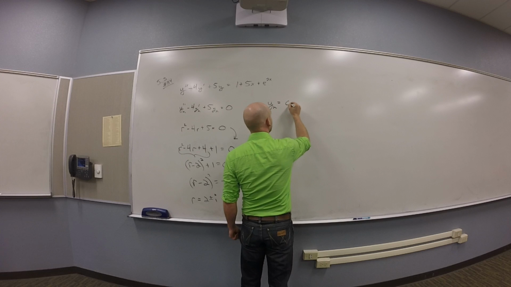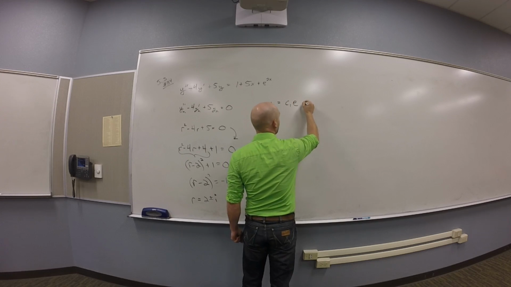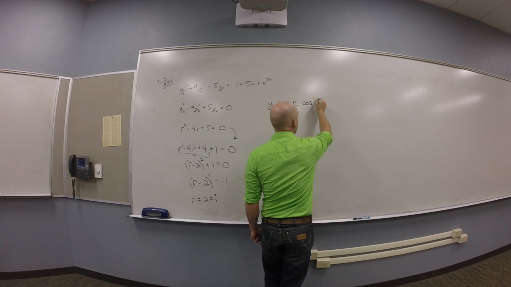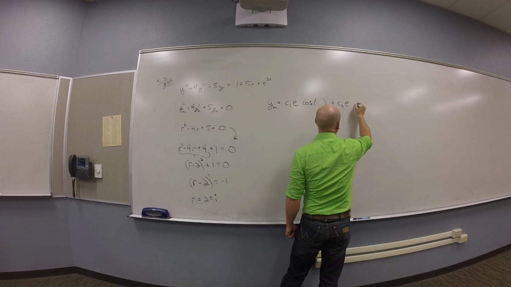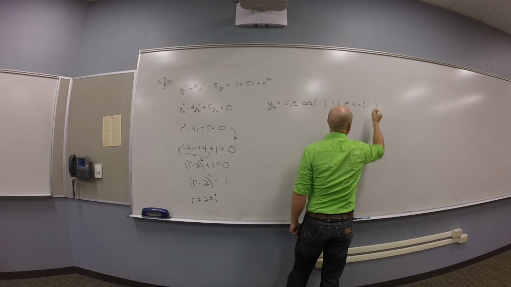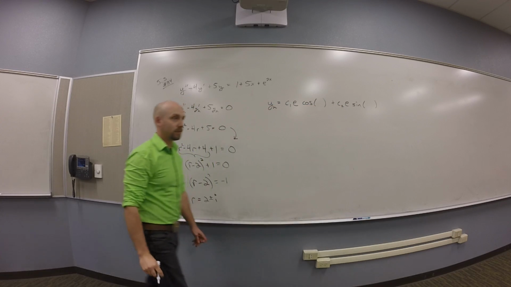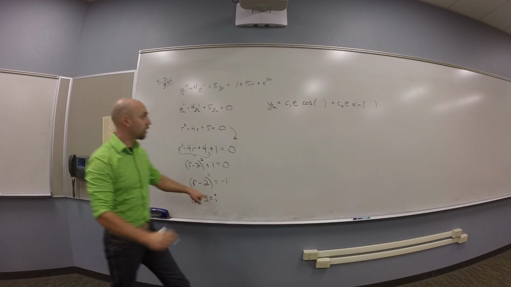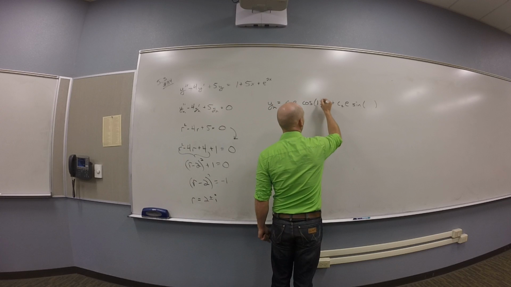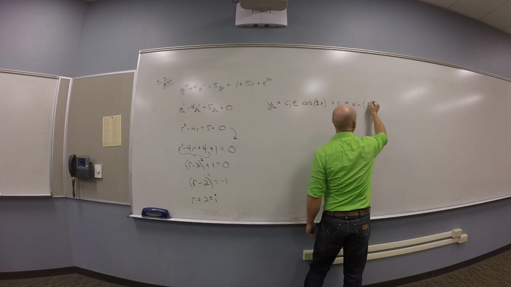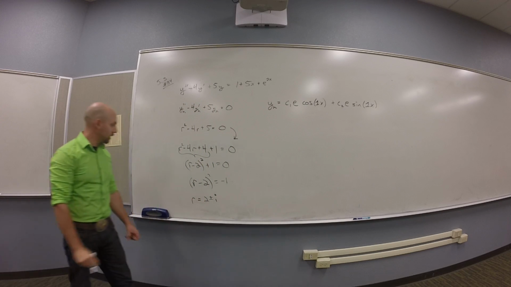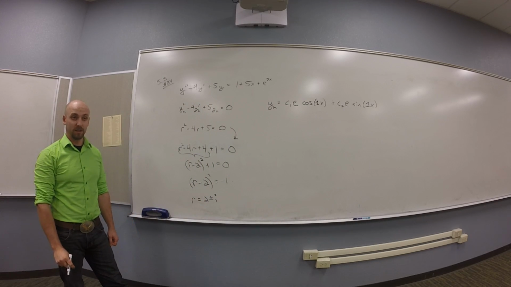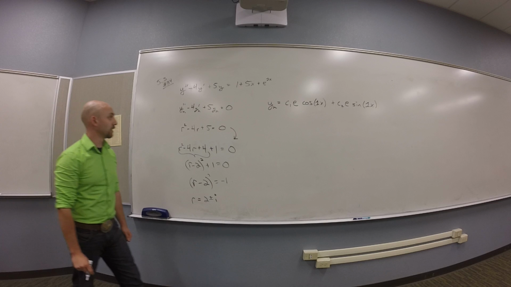So I'm going to have C1 e to something cosine of something plus C2 e to something sine of something. What are the somethings? 1x. So inside the cosine is 1x and inside the sine is 1x. And on the e's should be 2x.